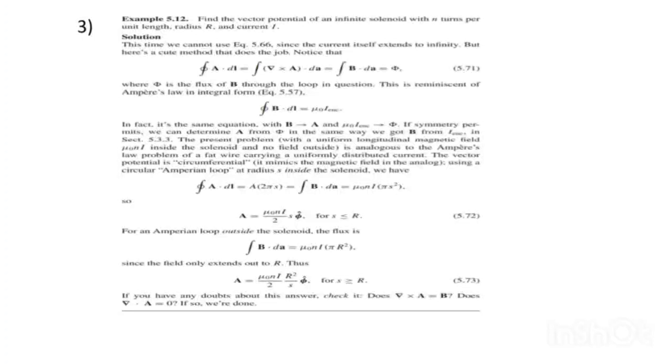From this, A equals mu naught n I divided by 2 times s phi cap, for s less than or equal to R. For an Amperian loop outside the solenoid, the flux would be the integral of B dot dA equals mu naught n I times pi R squared, since the field only extends out to R. Thus A equals mu naught n I R squared divided by 2 s phi cap. This equation is suited when s is greater than or equal to R.